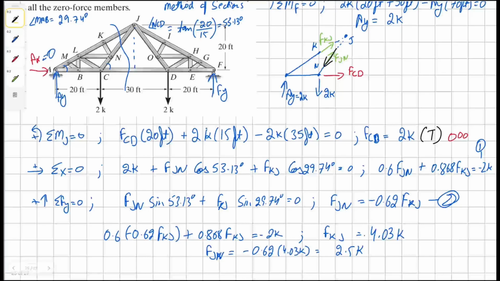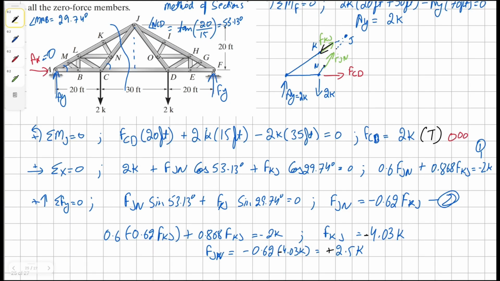So this equation is going to be negative. That means our force KJ is negative, and this would make our force JN positive. So that means we assumed our direction for force JN in the right direction, but our direction for KJ is wrong.